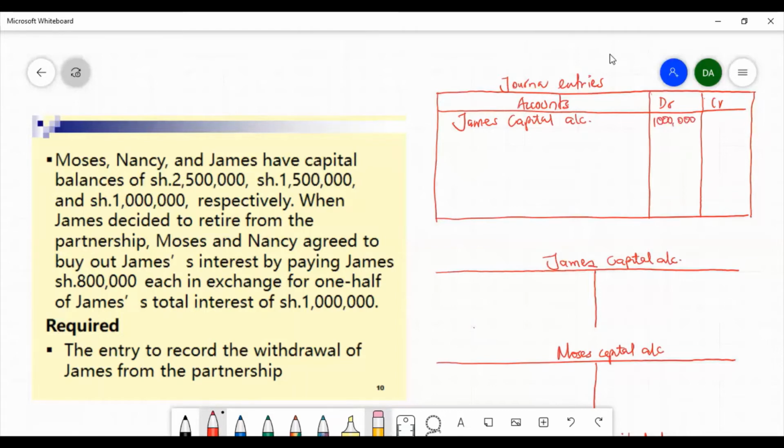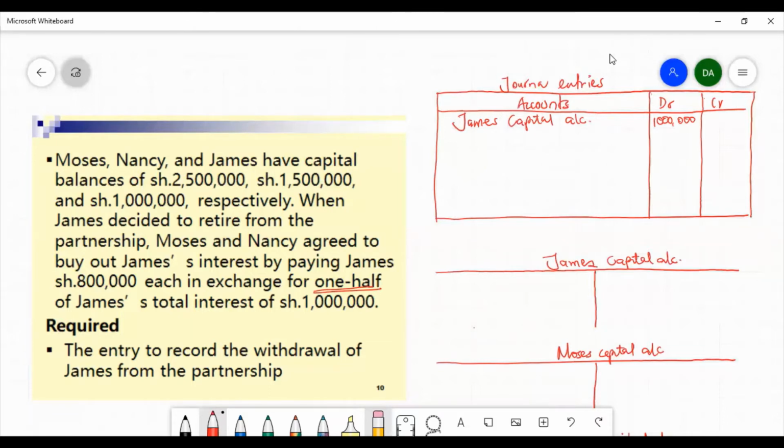And then this capital is distributed to the remaining partners equally because it is 1/2 for each partner, according to the example, as you can see. So each partner gets 1/2 of the capital.